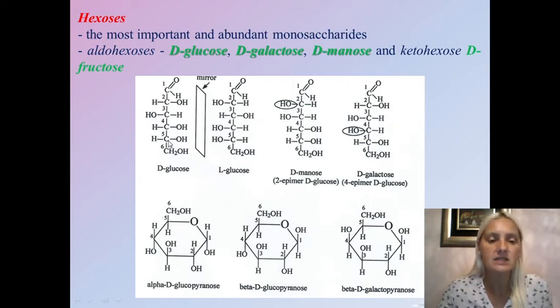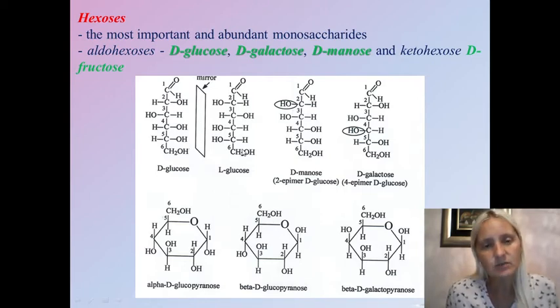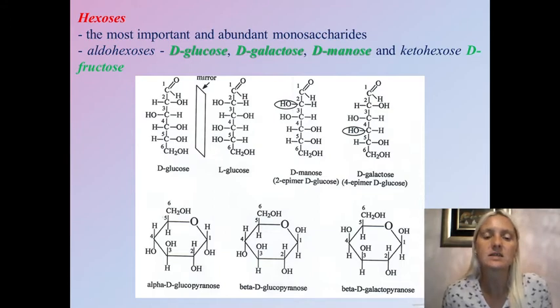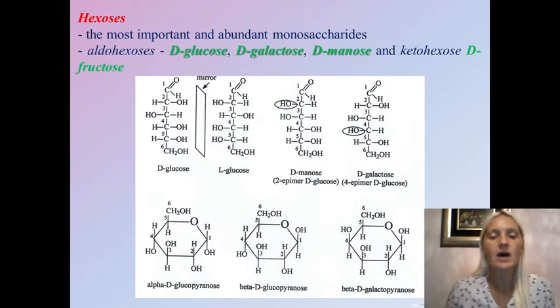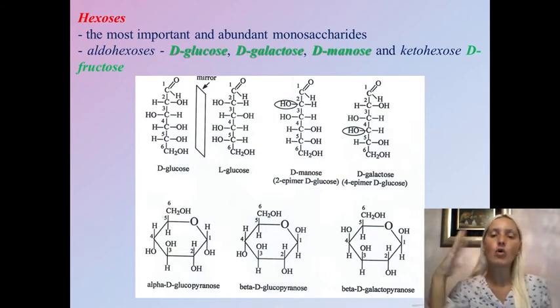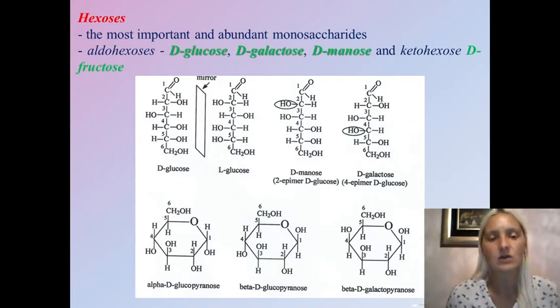So we have 6 carbon atoms, an aldehyde group, and OH groups: right, left, right, right. When you want to write the L isomer, you have to change the position of all groups on chiral carbon atoms.